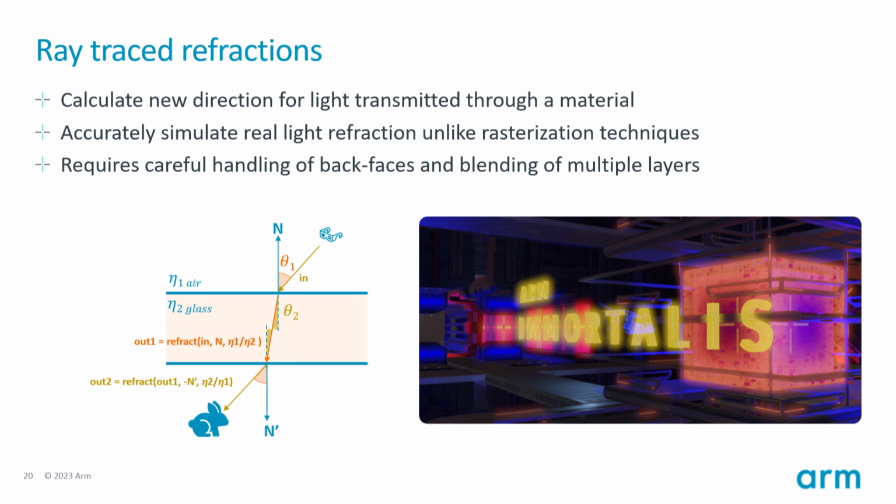So to calculate the change in the direction of the rays as they travel through the glass, we can again use GLSL's built-in function called refract, which takes the incoming direction, the surface normal, and the ratio of indices of refraction.